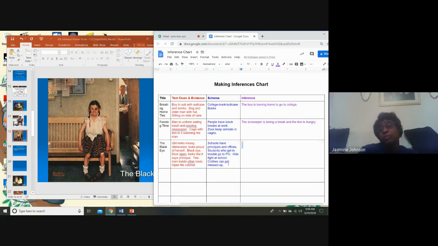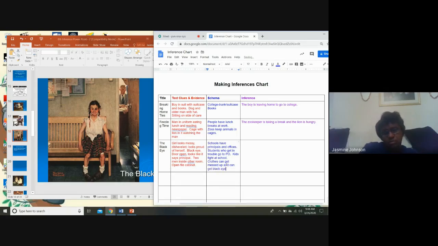And you can get black eyes from fights. All right. So what can I infer? My inference is that this girl got in a fight and is proud of it. She's not worried about being sent to the principal's office.